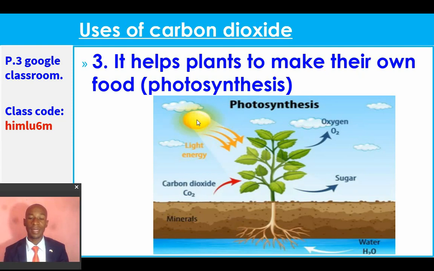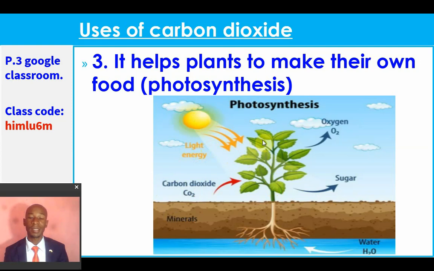We have the sun generating or giving light energy. So as light comes from the sun, let's say in the morning, okay, and in the presence of carbon dioxide, photosynthesis starts to take place in the plant.